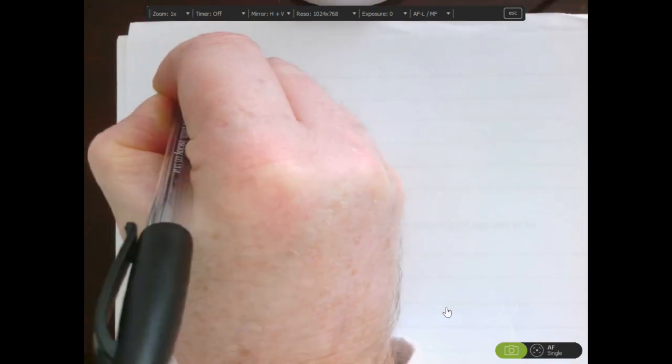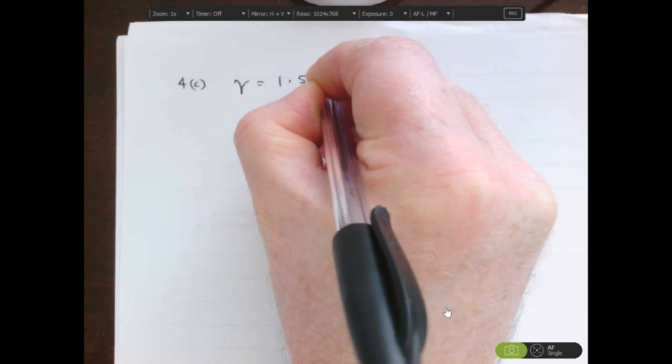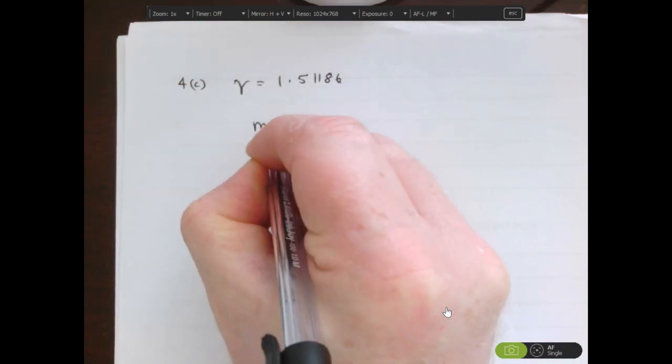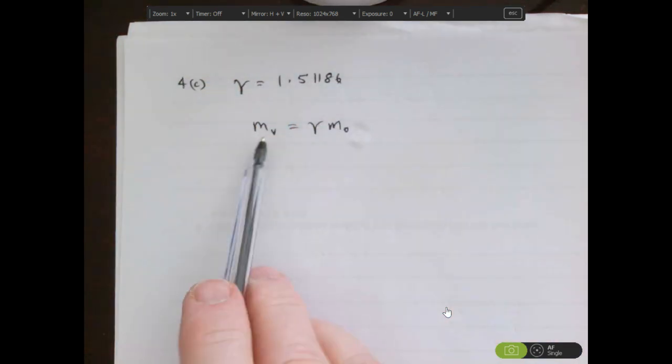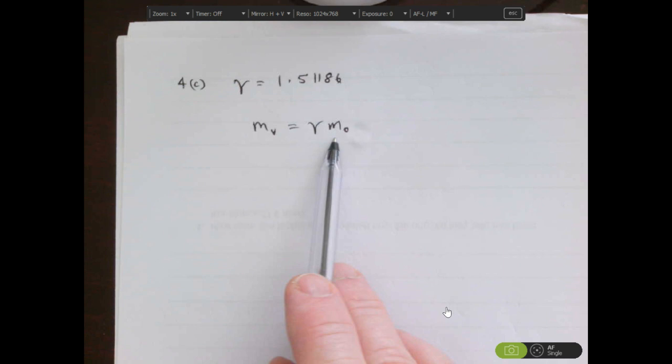Now, we've just calculated in part A that the gamma factor for this situation is 1.51186. So we'll just use that value all the way through. We don't need to calculate again. So for the measured mass, we're going to use this formula, which says the mass measured at a relativistic speed is going to be larger than the rest mass by a factor of gamma.